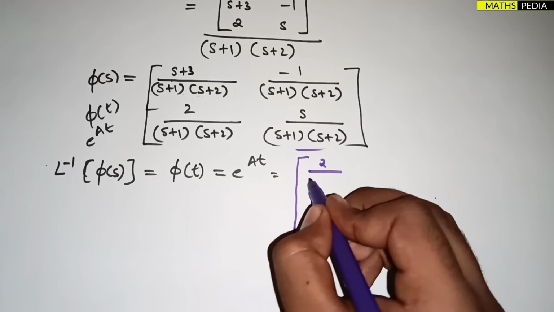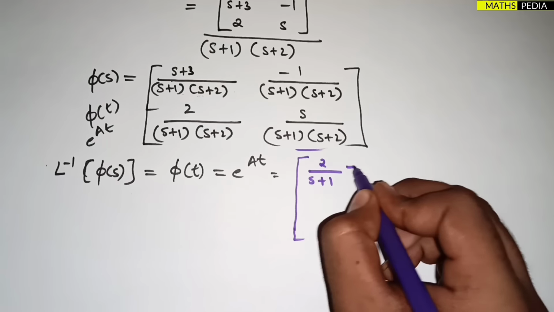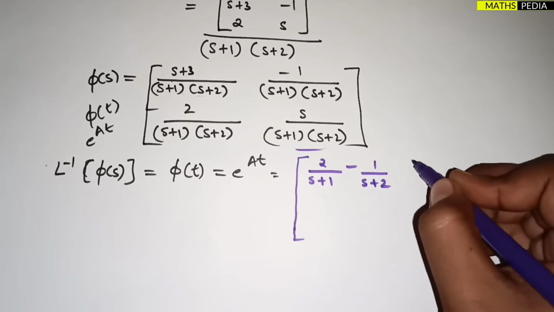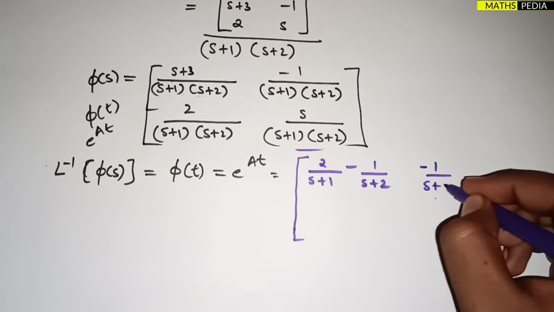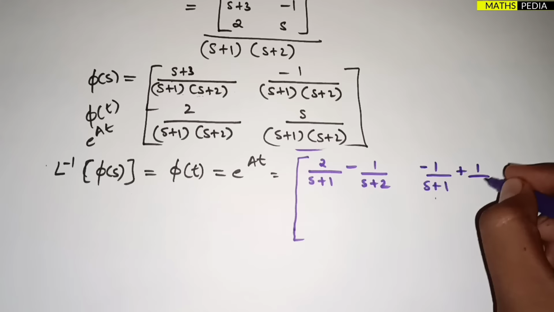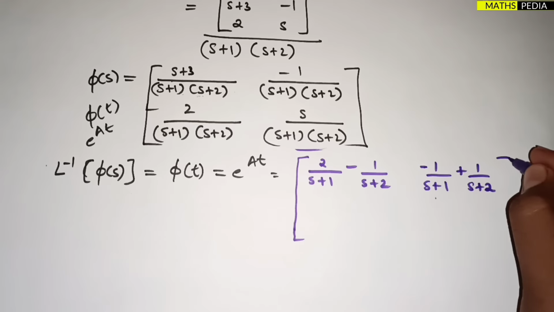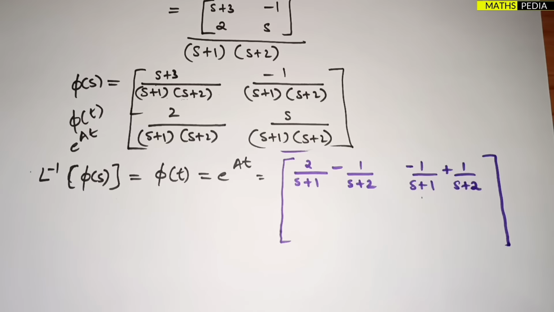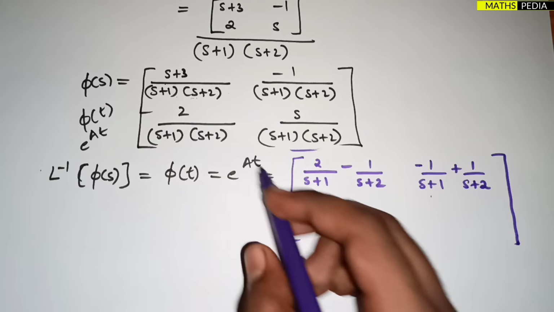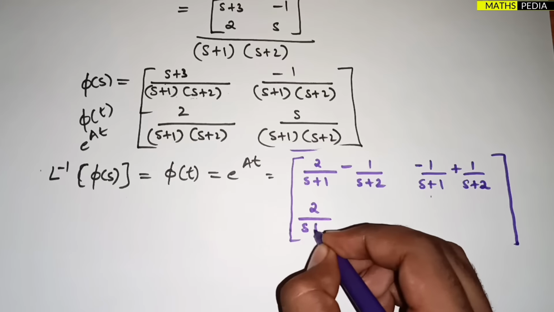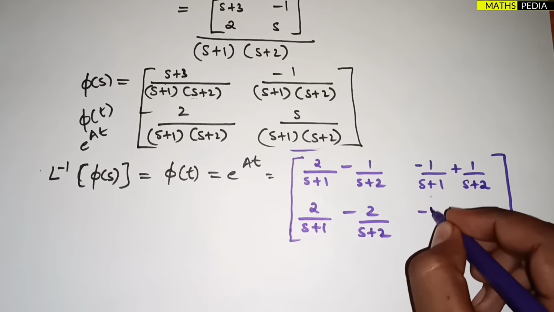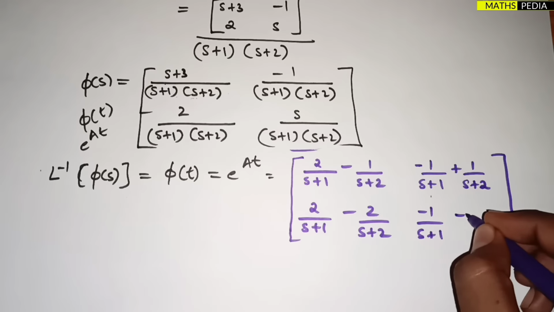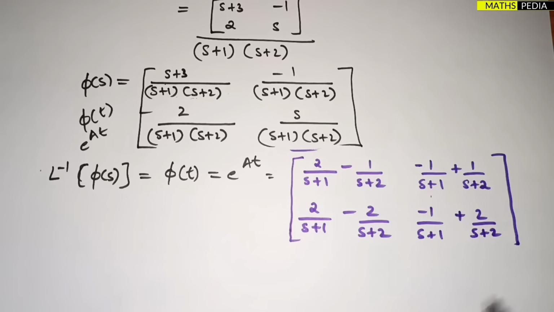That is 2 by s plus 1 minus 1 by s plus 2, and this part minus 1 by s plus 1 plus 1 by s plus 2. Next, this one 2 by s plus 1 minus 2 by s plus 2, and the last one minus 1 by s plus 1 plus 2 by s plus 2. So we got four terms after doing partial fraction.